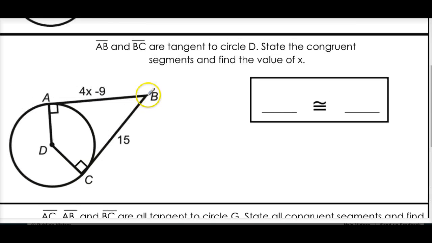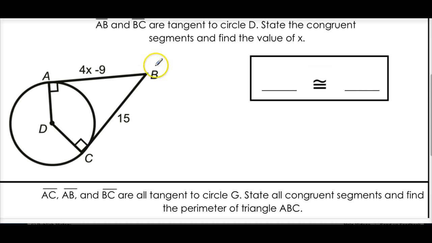How are we going to use this? Well, if we know AB and BC are tangent to circle D, we want to state the congruent segments, and then find the value of x. If these two, AB and BC, are both tangent to circle D, then we know that AB is congruent to CB, right? Because that's the princess hat theorem. These two are congruent. Well, how are we going to solve for x?